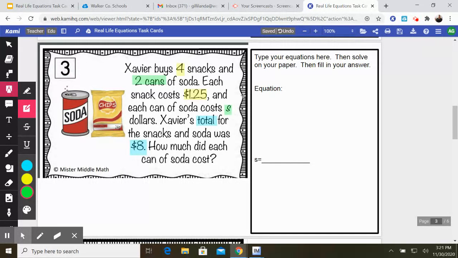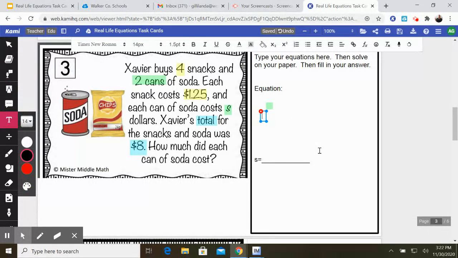So how could we write this? We could write this several different ways. So we know it was $8. We know he has 4 snacks and they were $1.25 each. So I could write it like this: 4 times 1.25.